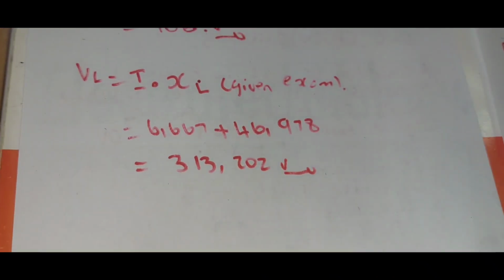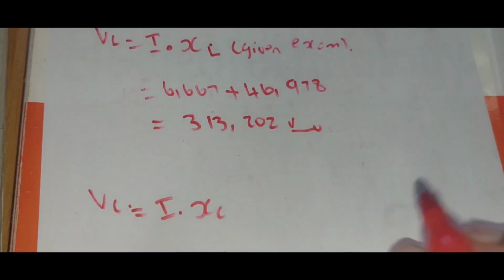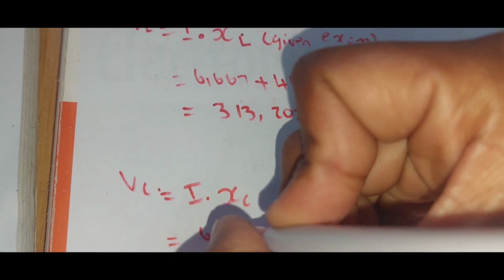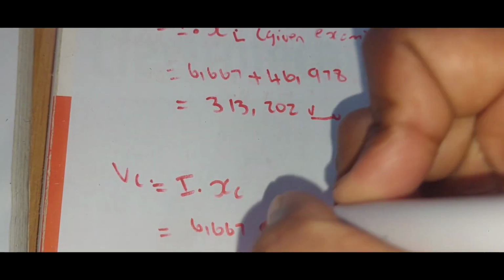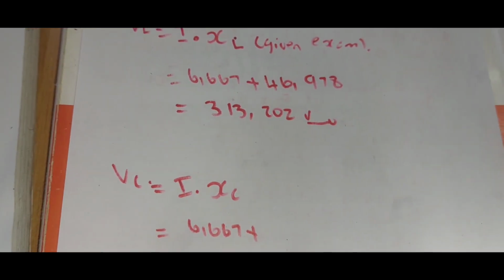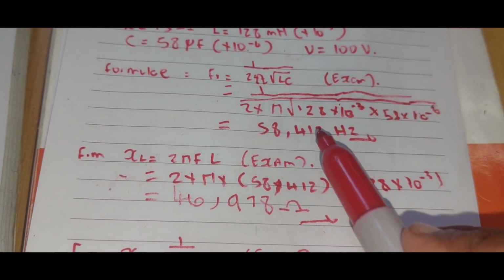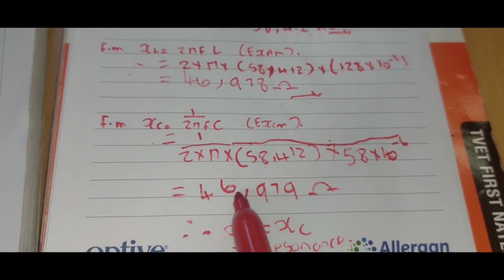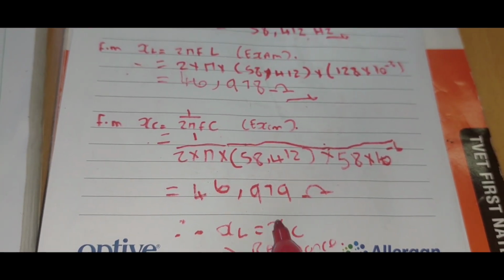volts, guys. And now the last one, the voltage of the capacitor, which is current times the reactance of the capacitor. Current is the same in series, and the reactance is the same. Remember, at resonance the reactances are the same. Remember that, guys.